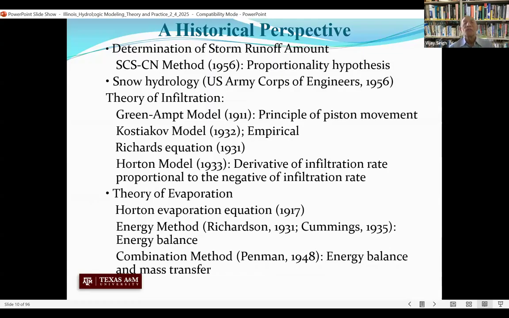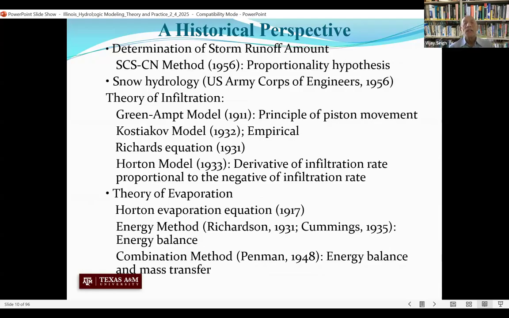Then, of course, Richardson, now popularly called the Richards equation, in 1931 derived a diffusion equation for describing the movement of soil moisture in the unsaturated zone, which is based on the coupling of the Darcy-Buckingham law and the continuity equation. But in 1933, Horton also derived an infiltration equation, which is popularly called the Horton equation.